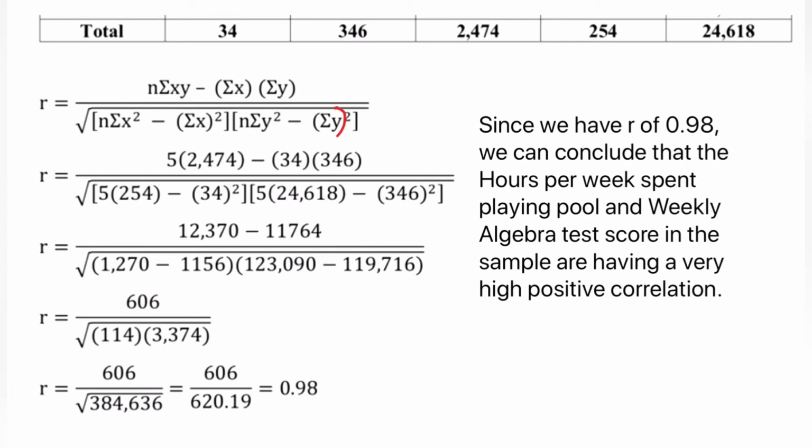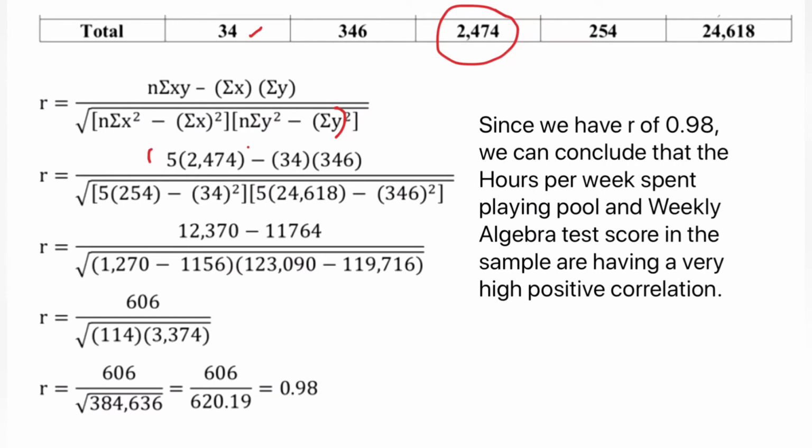So our given n is 5, and then the summation of x times y is 2,474 minus summation of x na 34, and then the summation of y na 346.